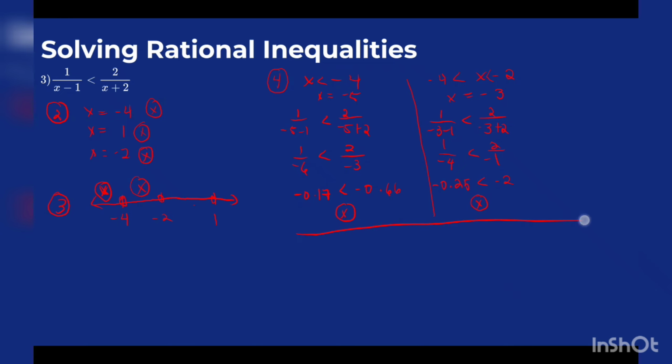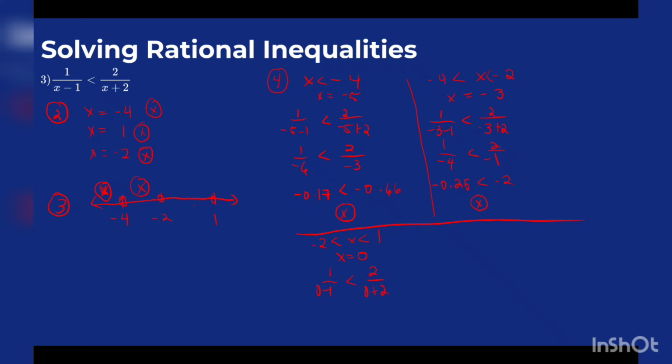For the third one, we have between negative 2 and 1. So negative 2 is less than x and x is less than 1. So let's try using 0. We have 1 over 0 minus 1 less than 2 over 0 plus 2.